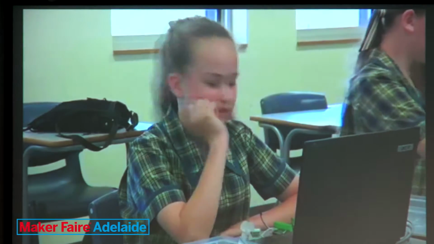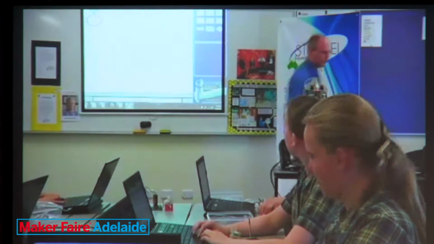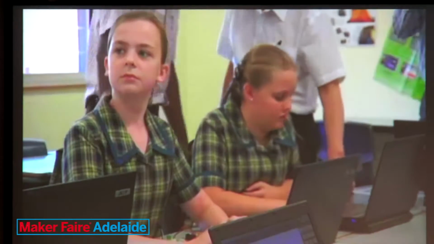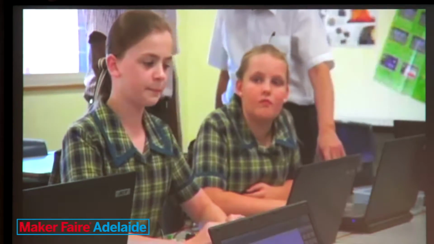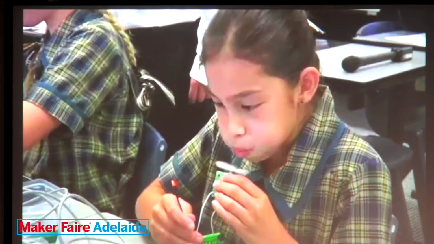A recent study showed the majority of Aussie parents want computer skills to be part of Australia's curriculum. We need to be encouraging the next generation of inventors. So if we can get them to start early, in primary schools even, then their creativity has the opportunity to flourish and blossom. These guys are big fans, and they reckon every kid should give it a go.